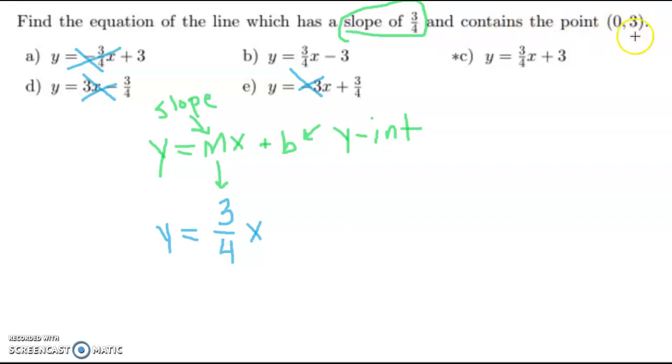If you look here at (0, 3), some people might be a little bit confused as to whether that represents the y-intercept or not. Well, if I go ahead and draw a graph, and I am going to graph the point (0, 3), knowing that this is my x and this is my y-axis.